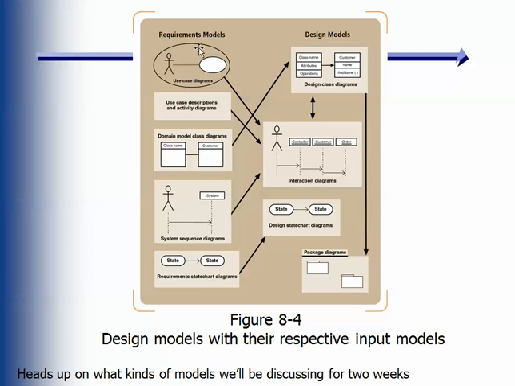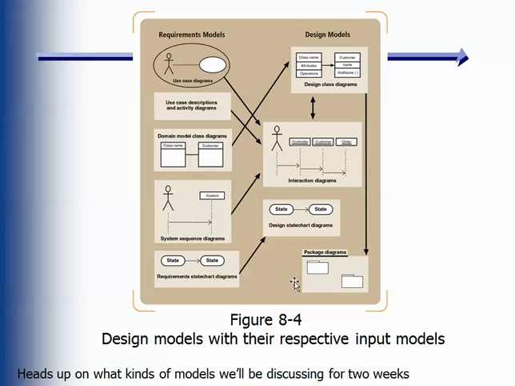So on the left hand side, with the analysis requirements perspective of a business user, we have use case diagrams, use case descriptions, which are not visual but actually written, at least the first one there. We have class diagrams of a certain flavor. We have sequence diagrams, and then we're not going to do state chart diagrams.